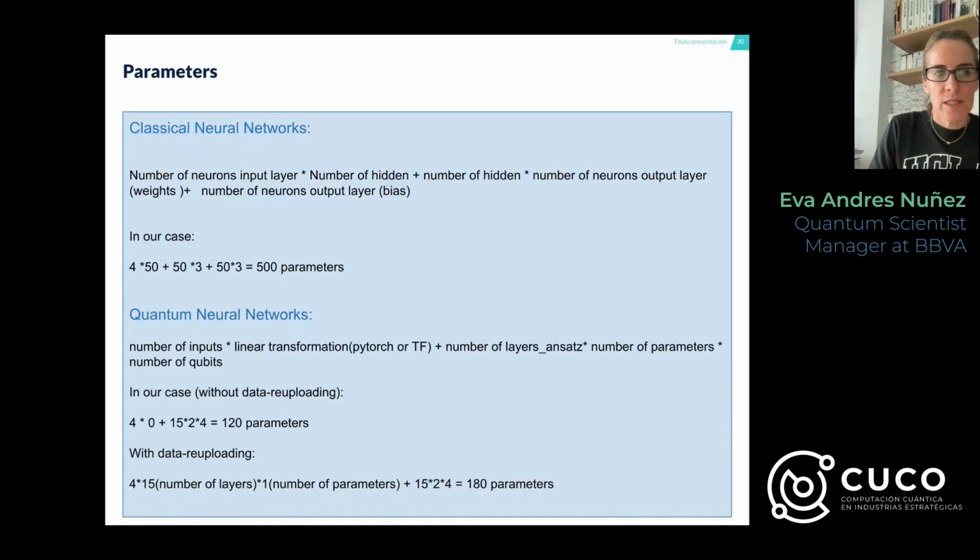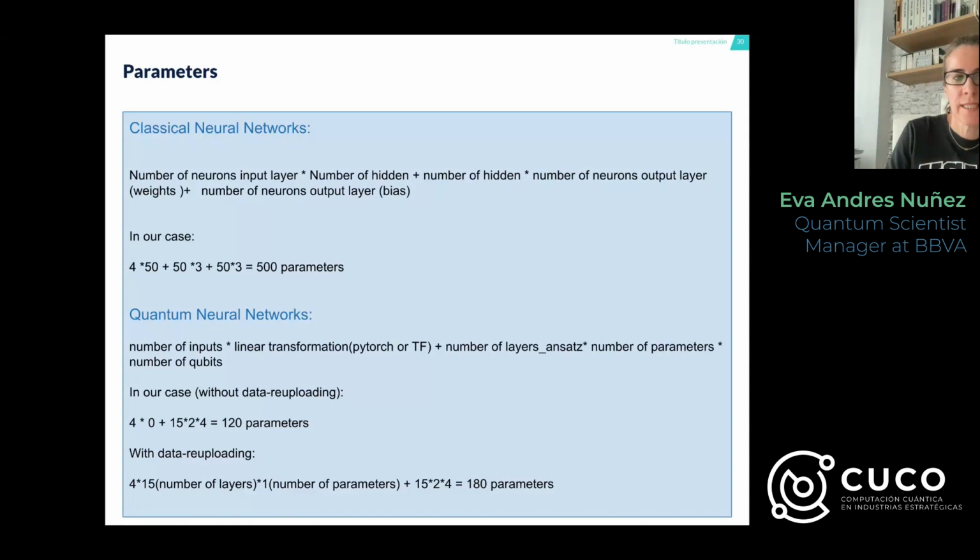So, in summary, the number of parameters in the classical neural network is higher than in the quantum neural networks. In the first formula, we can see that in the classical neural network, we use 4 neurons for the input layer, 15 neurons in the hidden layer, and 3 neurons in the output layer, which have to be multiplied with the number of neurons in the hidden layer for the calculation of weights.